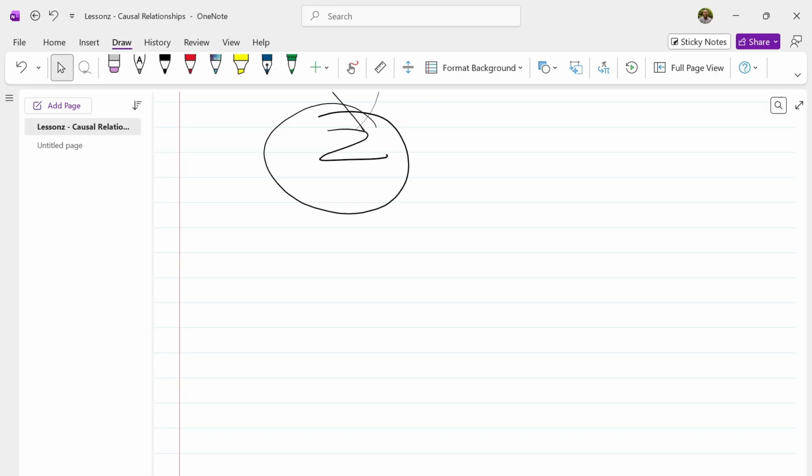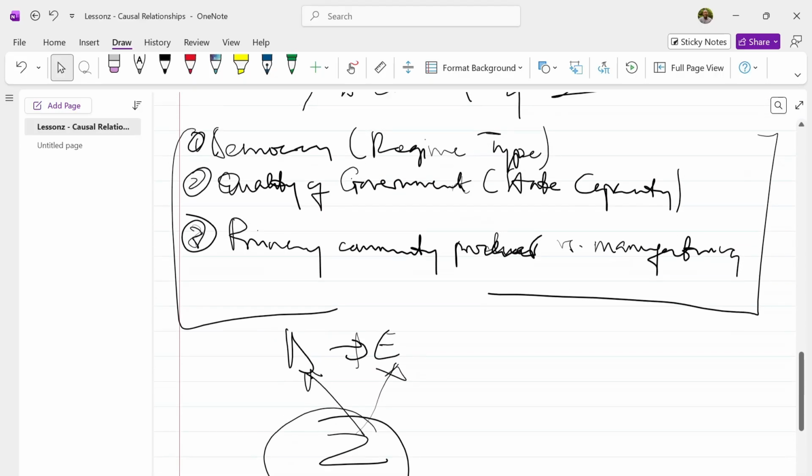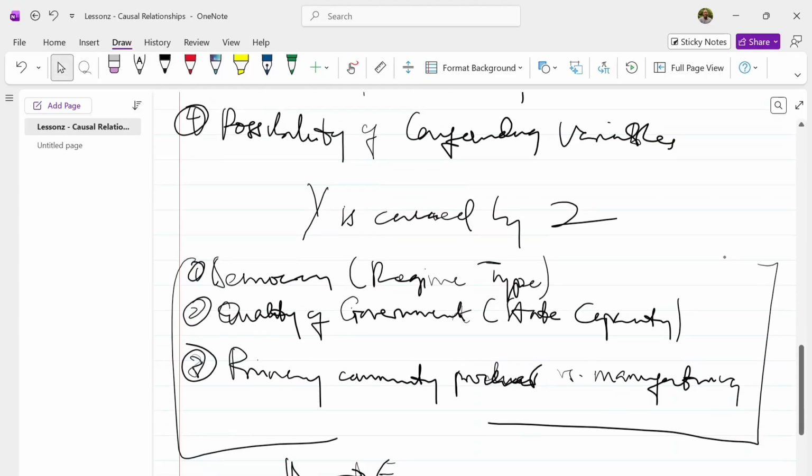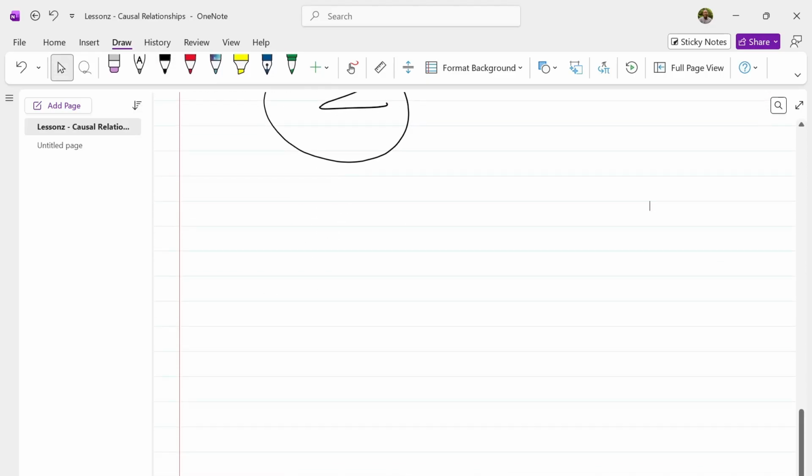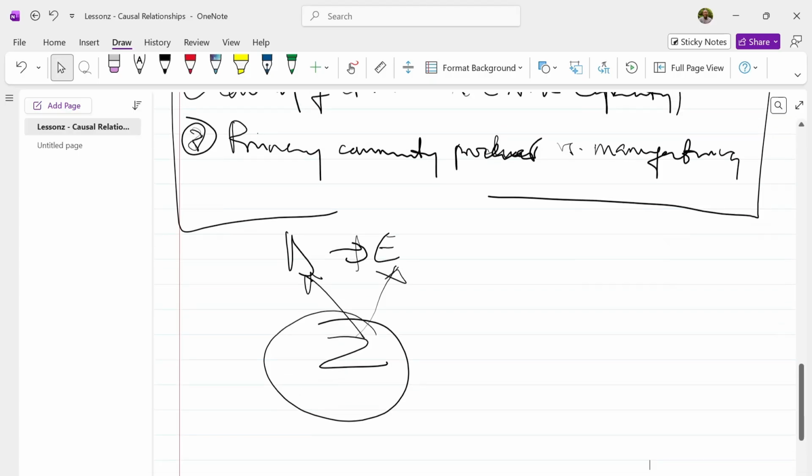The last thing that I want to talk about, which actually relates to this fourth point, is bivariate and multivariate relationships.